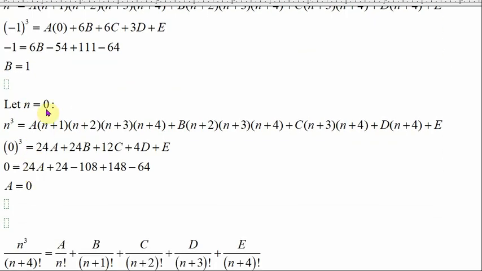And now let's use n as 0. So we get 0 for the left side. And then here we get 24a, 24b, 12c, plus 4d, and plus E. So here's 24a. 24b is 24 times 1, which is 24.